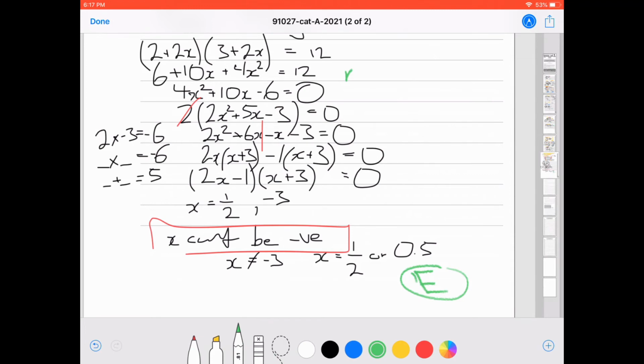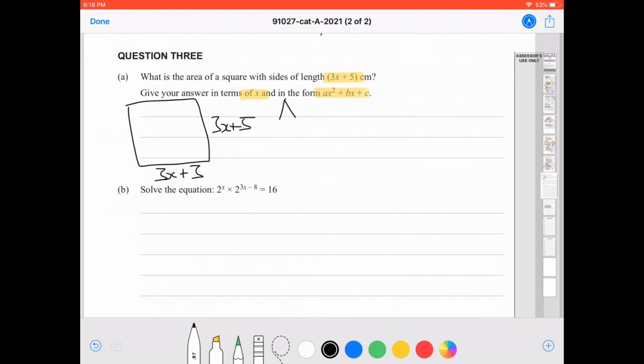Now remembering that area is base times height, and so substituting this in, it's going to be 3x plus 5, and you could say all squared like this, and let's even do that, or you could say 3x plus 5 times 3x plus 5, and this equals, and it's not good enough to stop here, remembering that the question asks us to give our answer in the form ax squared plus bx plus c.